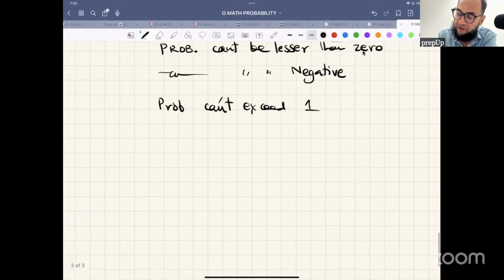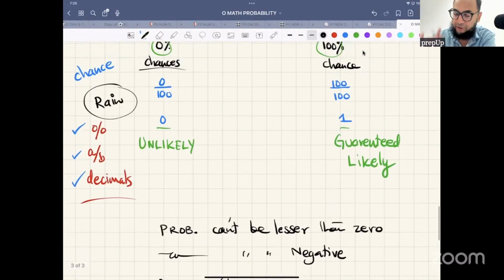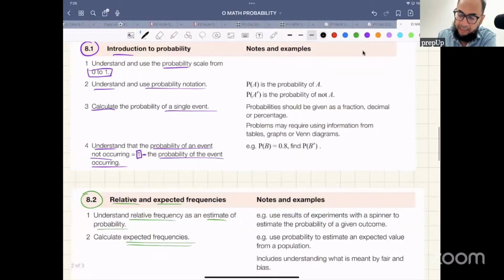So therefore probability lies between 0 and 1. Yes, it can be 0, yes, it can be 1, but it cannot be greater than 1 or less than 0. That is the first thing. Now the next thing is understand the probability notation. Now let me highlight it over here.